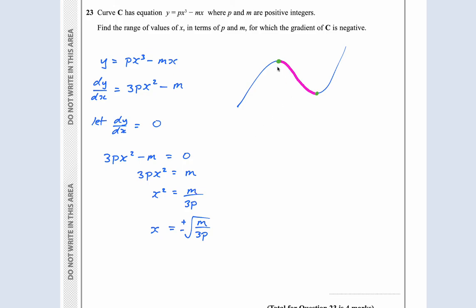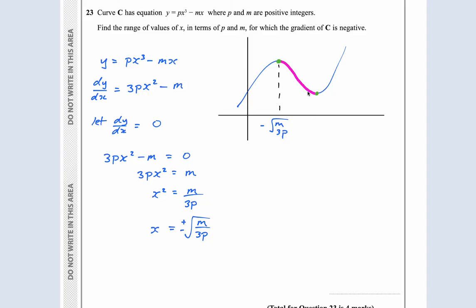So the x value of this maximum is actually negative root m over 3p. Let's just draw an axis here. The x coordinate here is negative root m over 3p.